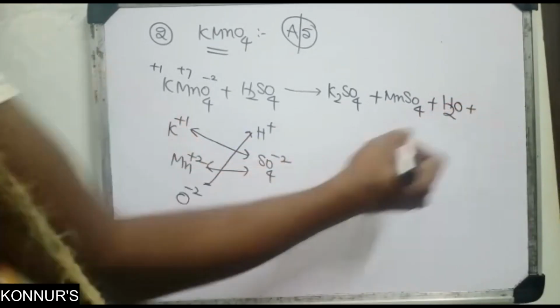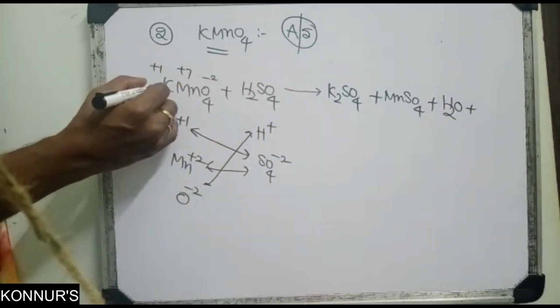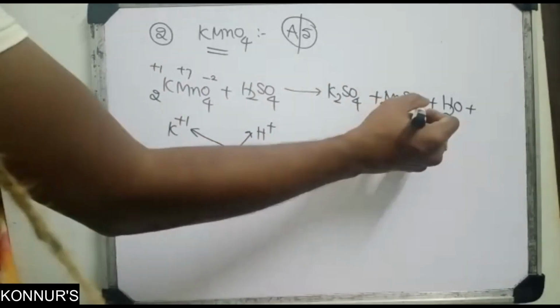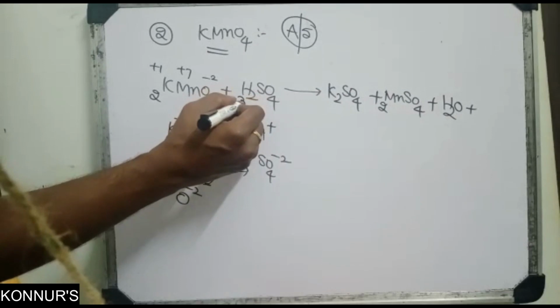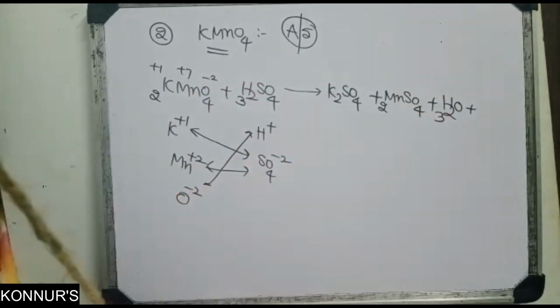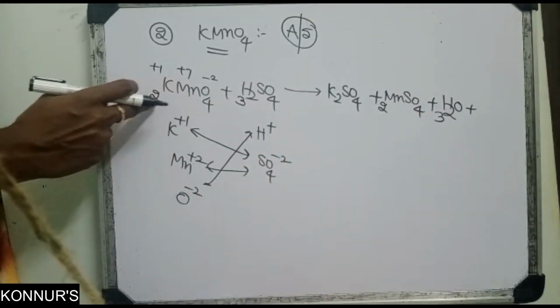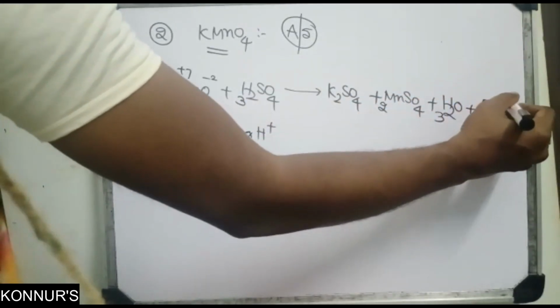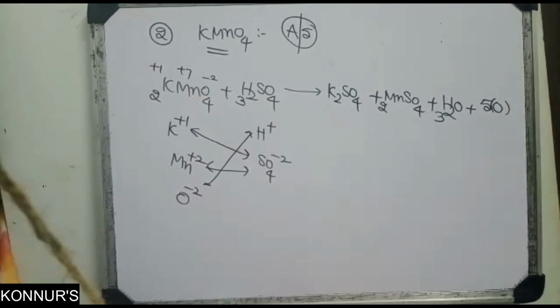Now you balance. 2 potassiums, so you take 2. 2 Mn, so you take 2. 2 SO4, here 3. Here 3 H2. Remaining is what? 4 2s are 8. In 8, 3 oxygens are gone. So 5 oxygens.